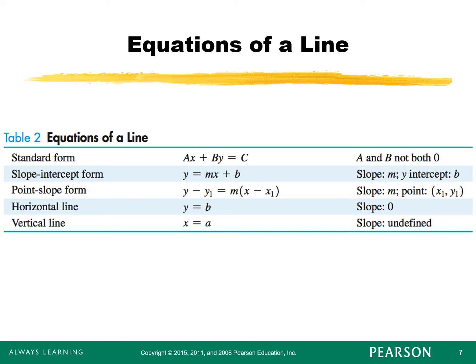Now we'll talk about equations of a line. We said that the standard form of a line is ax plus by equal to c. This is the standard form, the general form of a linear equation. And of course, a and b cannot be 0.